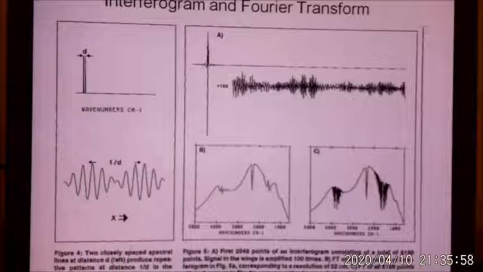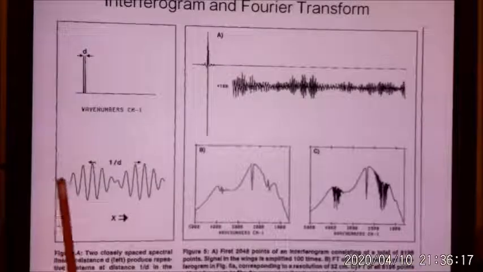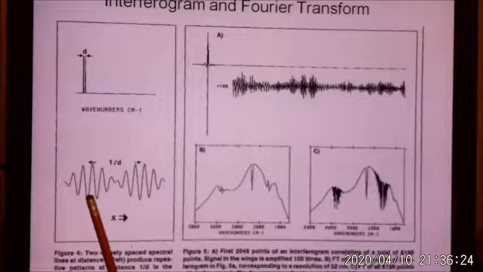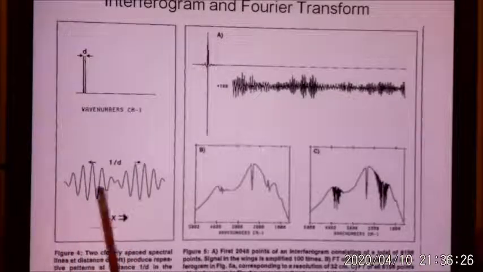So if you've ever tried to tune a guitar, and you've got that note going, and your guitar string is very close to it, but not quite the same frequency, then you'll hear that wah, wah, wah, wah. And those are the beats that you're hearing because they're very close together and they're doing constructive and destructive interference.